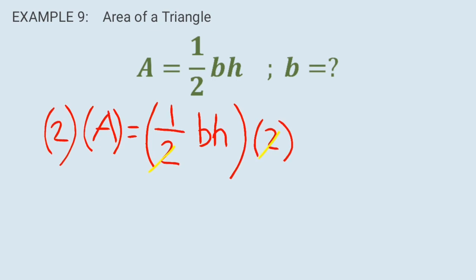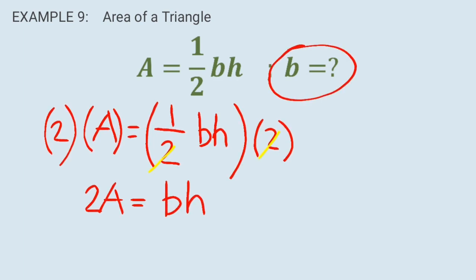So we are left with bh, and 2 times A is 2A. Now, again, we are asked what is b?